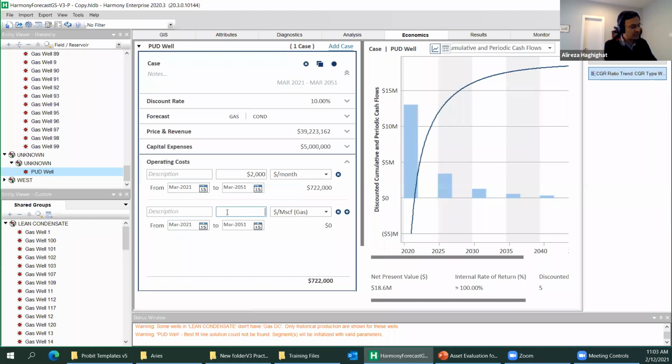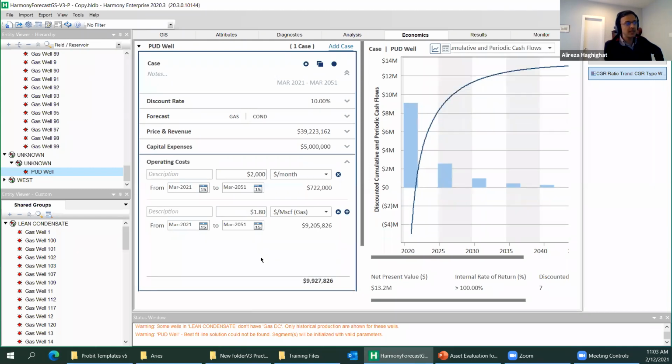We assume it is $1.8 per MCF of gas. This is how much you spend to process your gas, and then you need to process your condensate. So we select $1 per barrel of condensate, and it's around $2 per barrel of condensate.